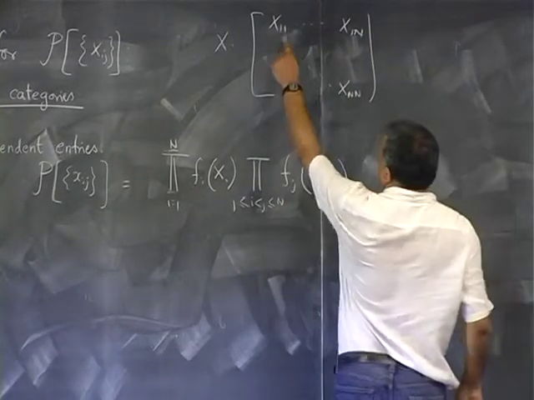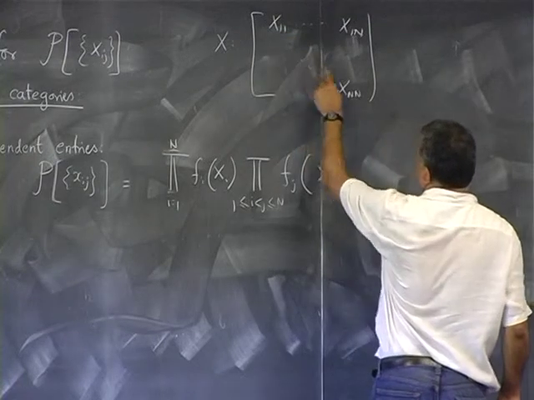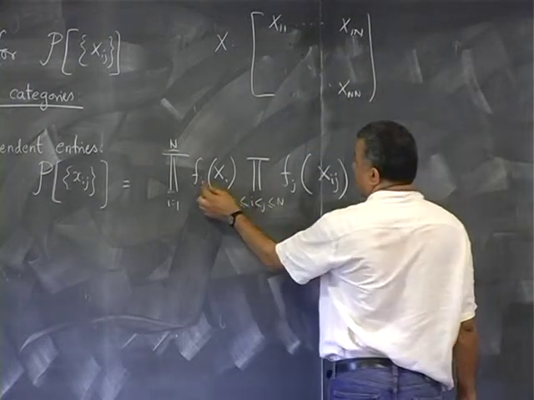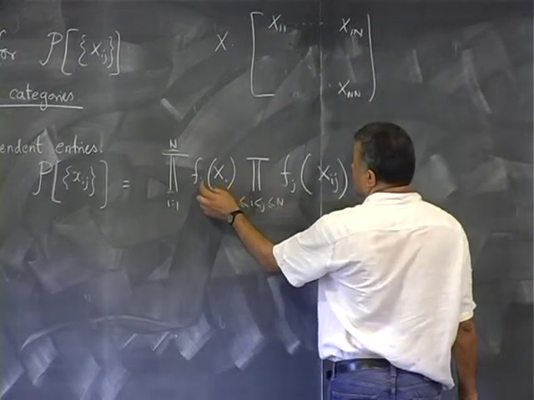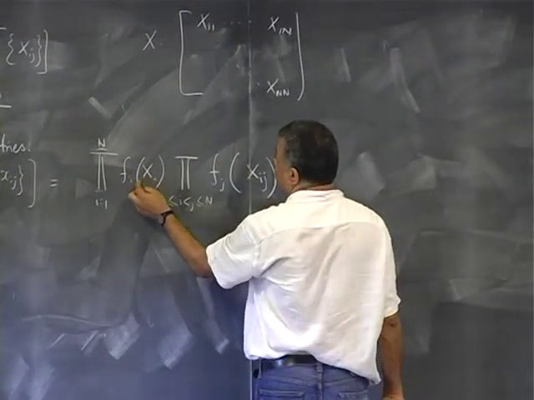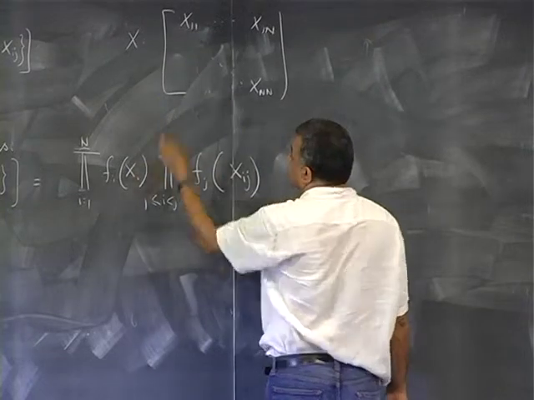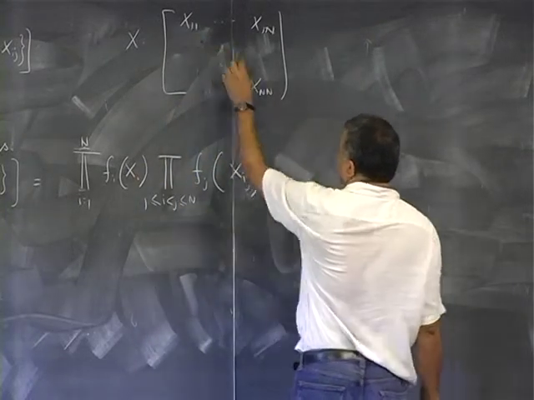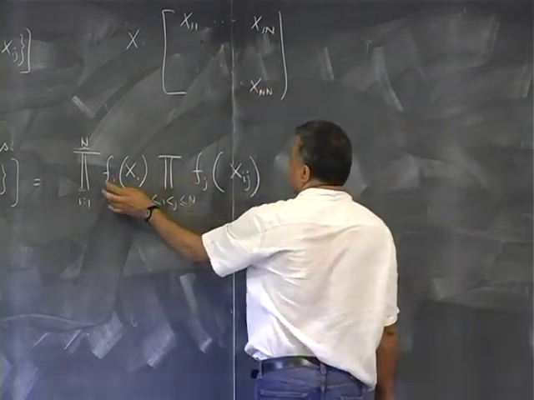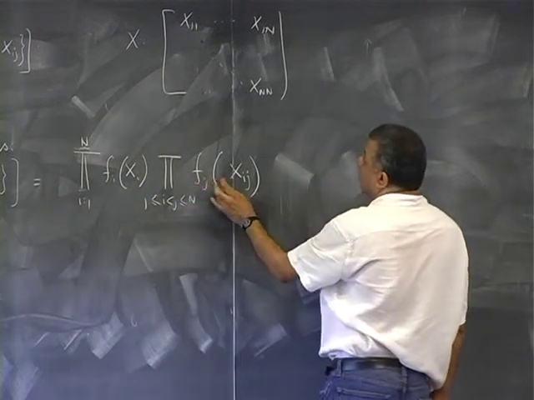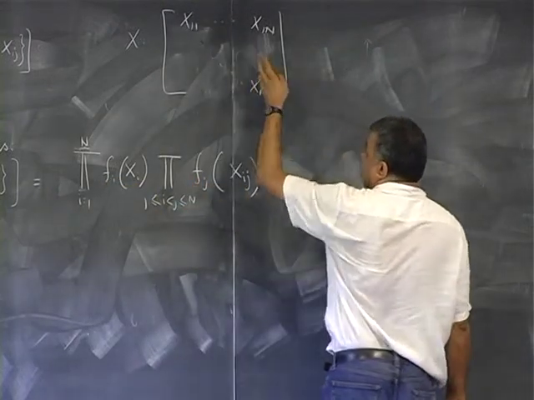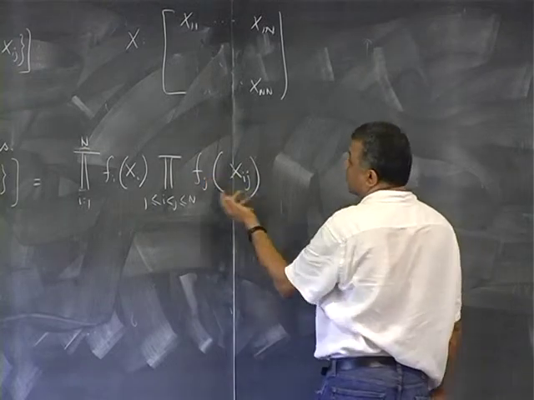Now I can choose each element of these diagonal elements from some functions. So for example, the first guy I could choose from f1 of x11. The second guy could be a different function, f2 of that element, then f3 of that element, fn of that element. And similarly, for the off-diagonal guys, I could choose from any arbitrary function I like.